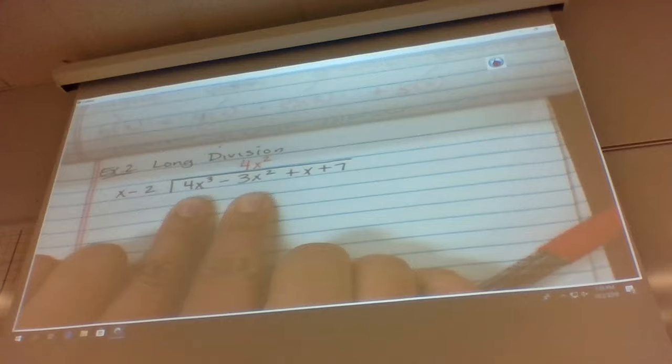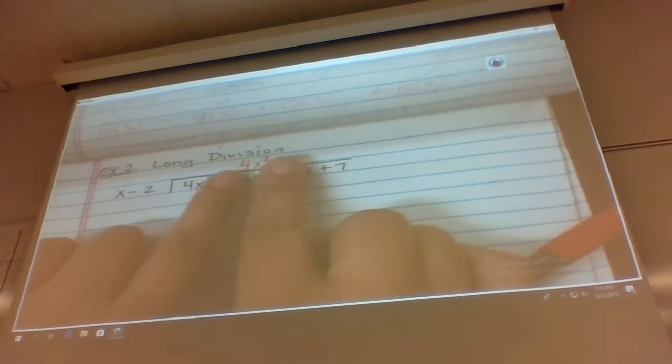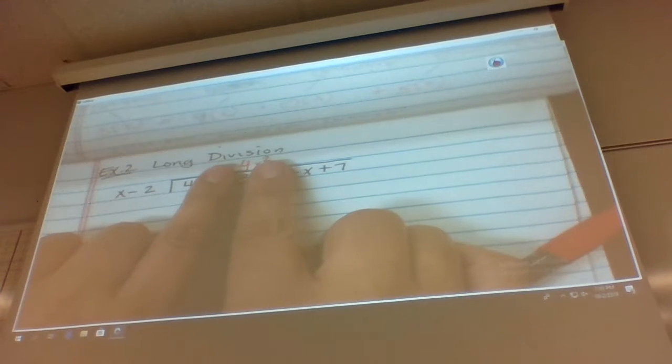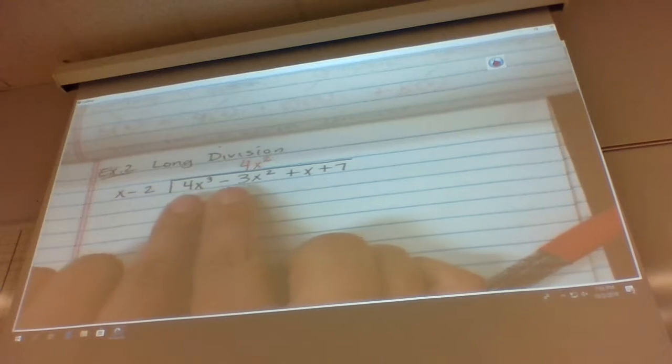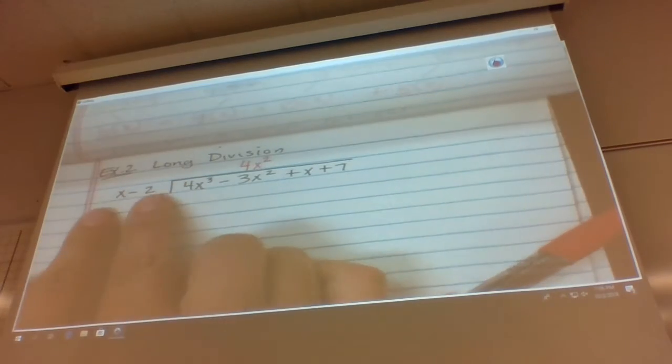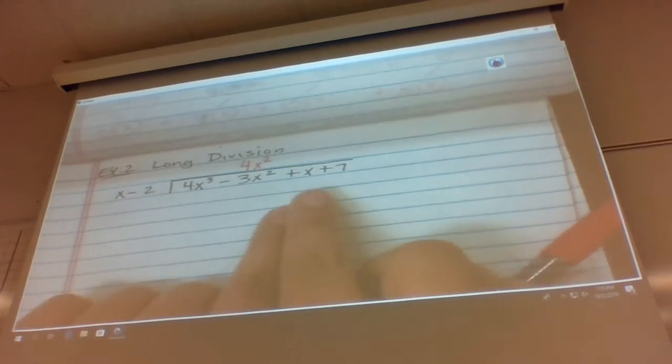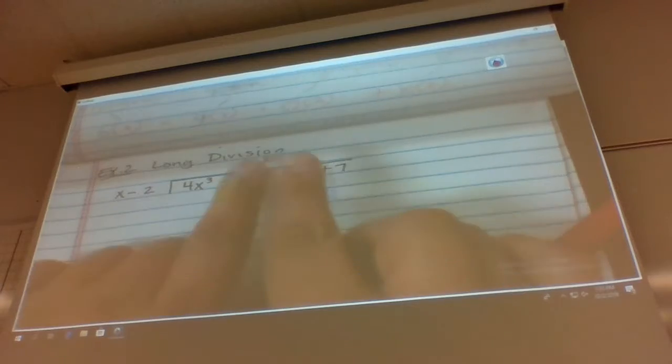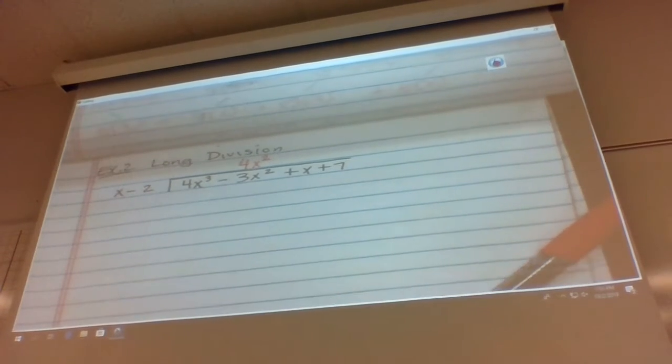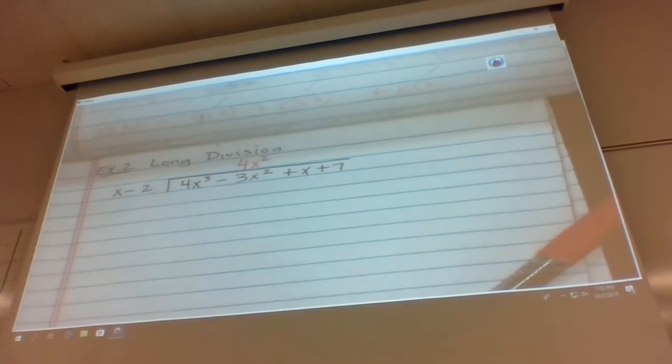Take this answer and multiply both of these and put them right there. Remember, find, multiply, rewrite. Find, multiply, rewrite. Hold your horses. So write it down, change the signs.